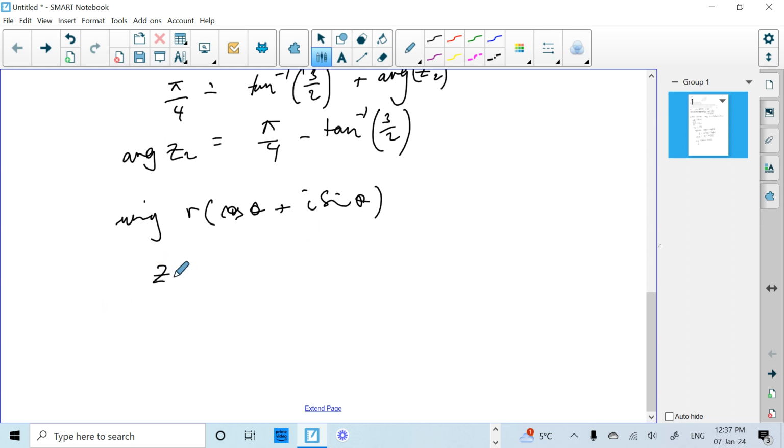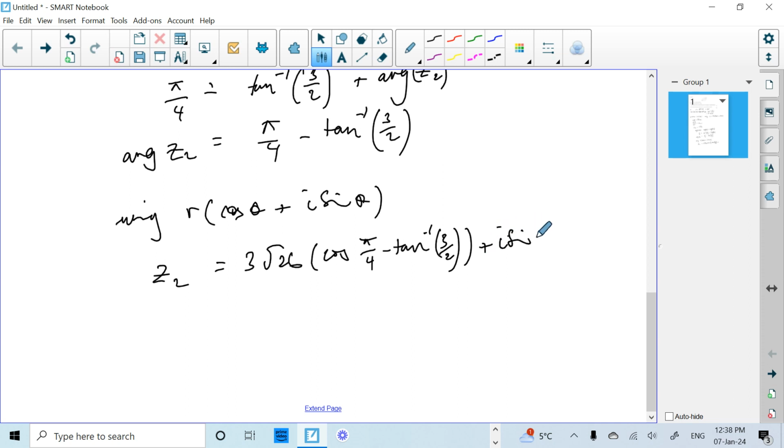Z2 will be equal to 3 root 26 times cos of theta, which I've put in the form of pi over 4 minus the inverse tan of 3 over 2, close brackets, and then plus i sin theta, which is going to be the same thing, pi over 4 minus the inverse tan of 3 over 2, close brackets.